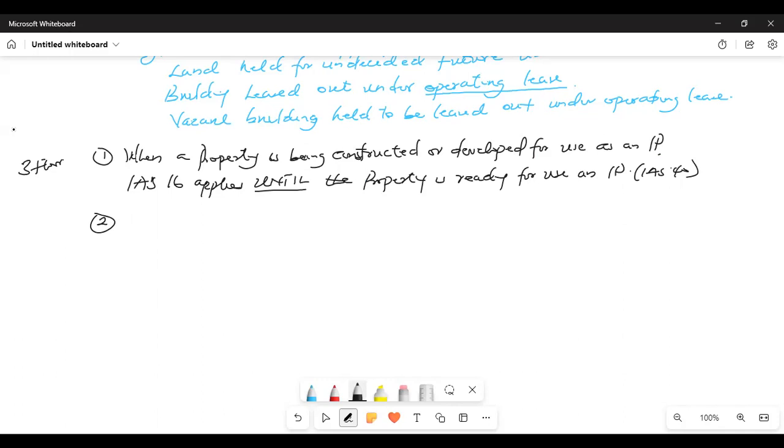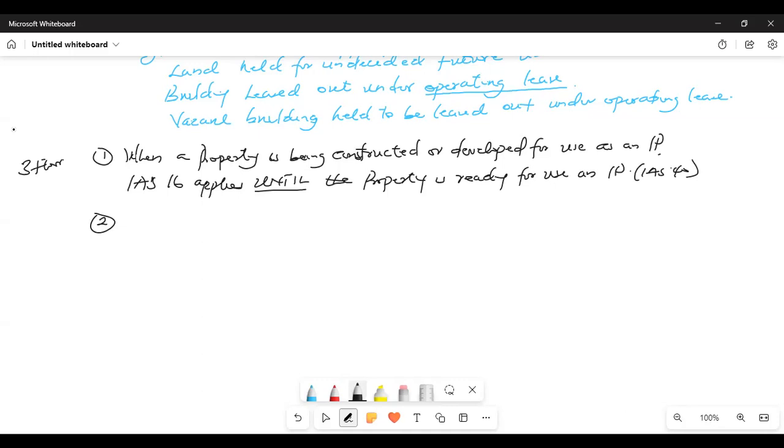The standard is saying that because you are using the top for rental income and the bottom for administrative purposes, you will need to separate the asset. You have to separate the top from the bottom. The top is treated as IP and the bottom as IAS 16 PPE.